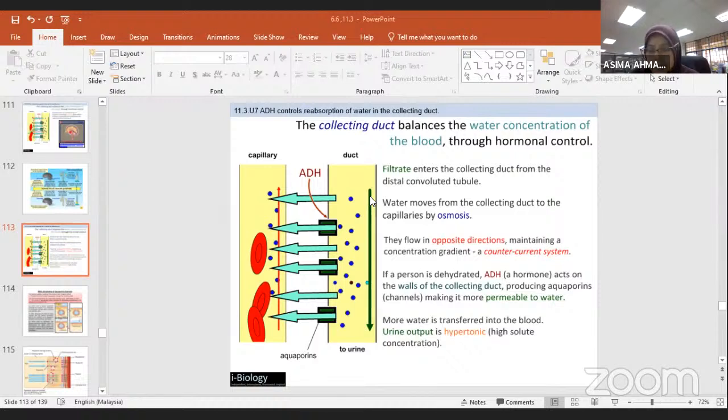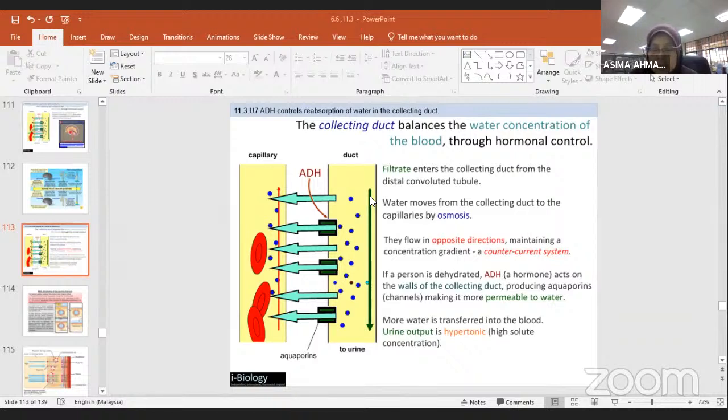Betul? This will be detected by the osmoreceptor cells in the hypothalamus, and then sending a message to the pituitary gland, reducing the release of ADH, causing the collecting duct to be less permeable to water. So that less water will be reabsorbed, and more water will be excreted with urine. So that we will produce diluted, high volume urine.